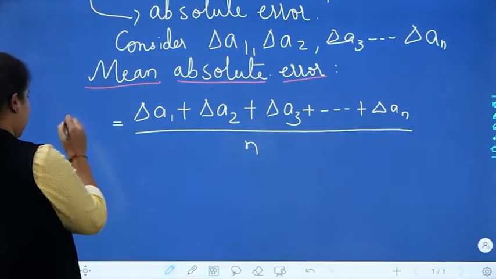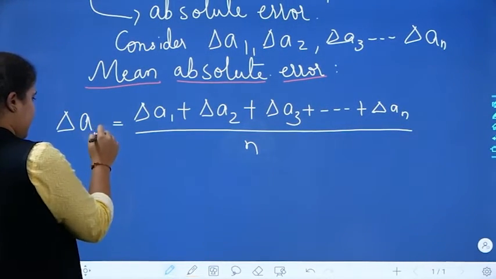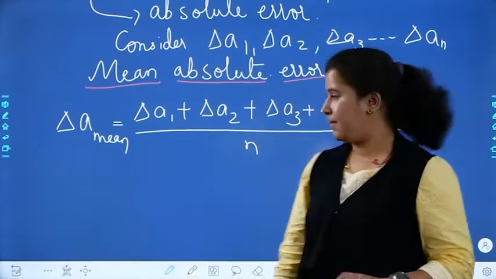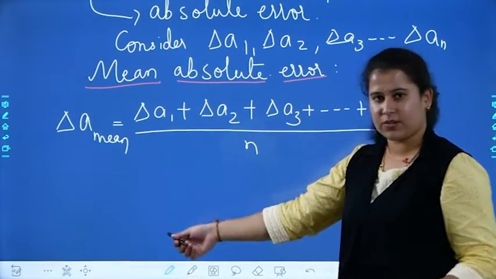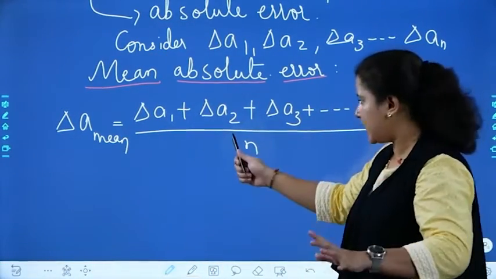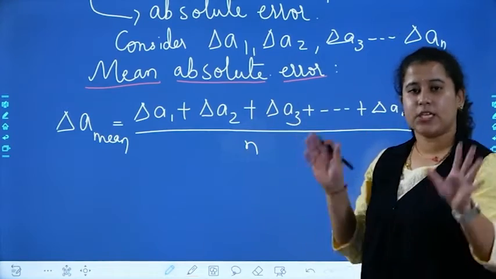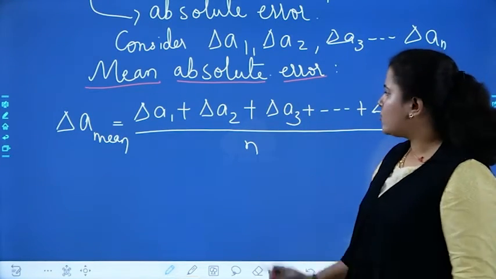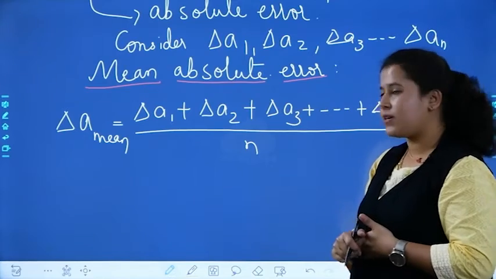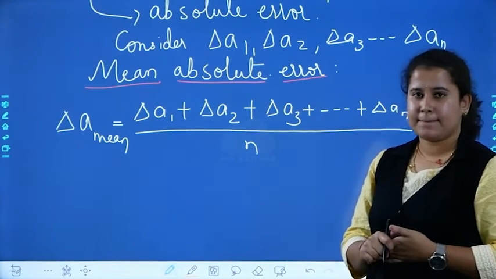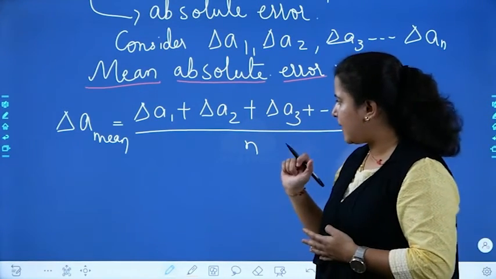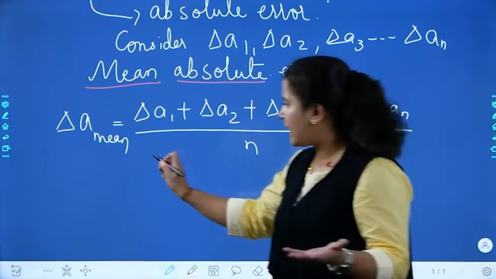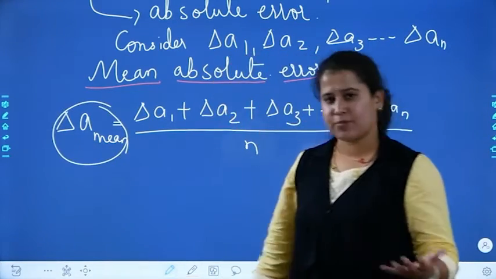That will be delta A mean. So delta A mean is equal to delta A1 plus delta A2 plus delta A3 so on till delta AN divided by n. So delta A mean is nothing but my mean absolute error.